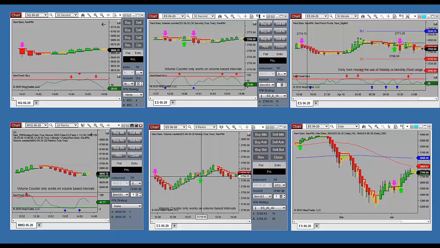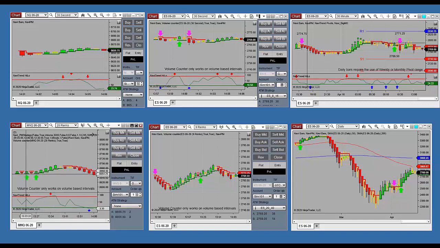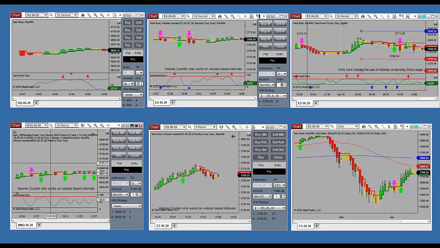If we had that same signal on the NASDAQ, that's a very strong signal. At 1:19, we had a buy signal on the E-mini. We moved up. On the NASDAQ, we had a buy signal at about that same time.